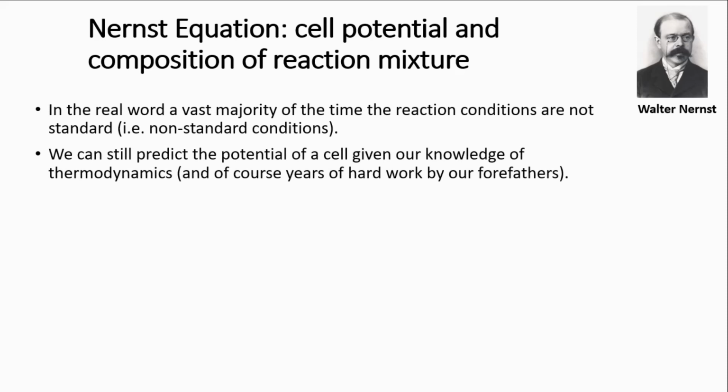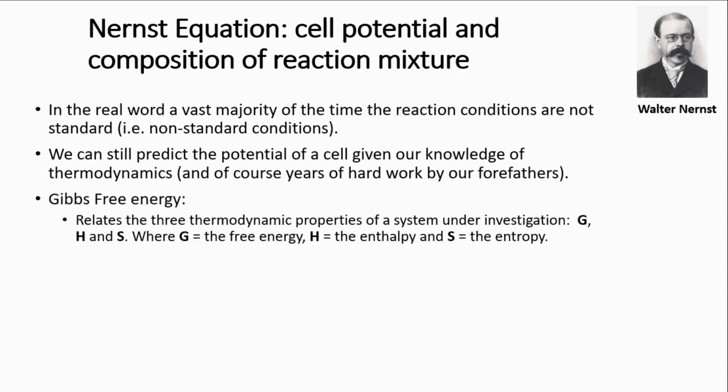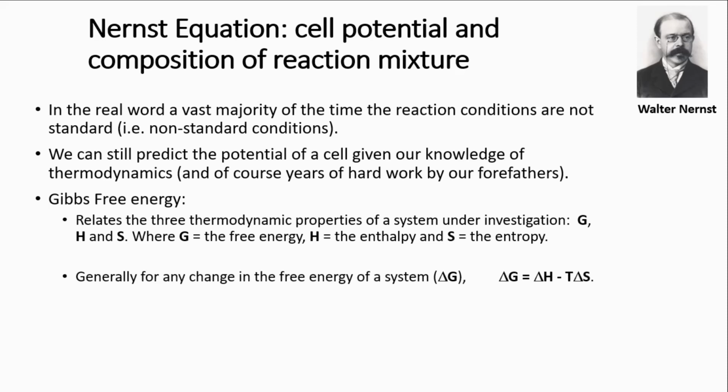So of course we can still predict the potential of a cell given our knowledge of thermodynamics. Now there are some terms, for example, the Gibbs free energy, that you know about already, represented by G, H, and S, where G is the free energy, H is the enthalpy, and S is the entropy. These are important thermodynamic parameters.